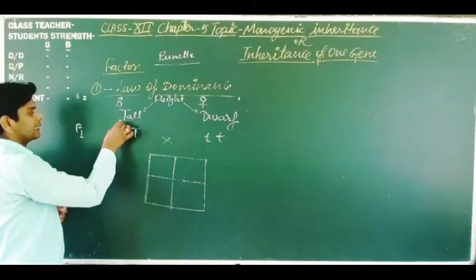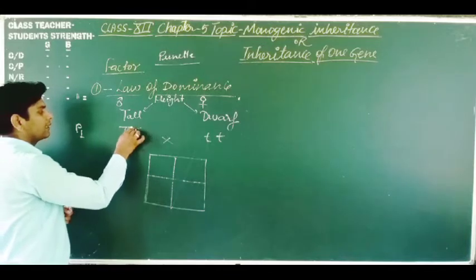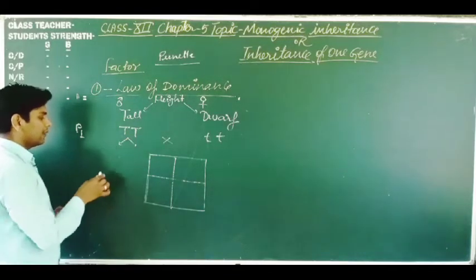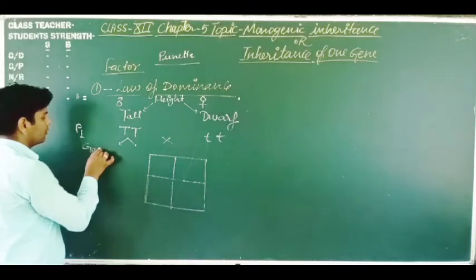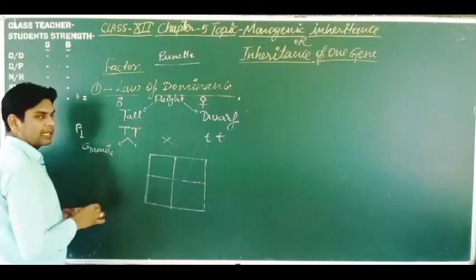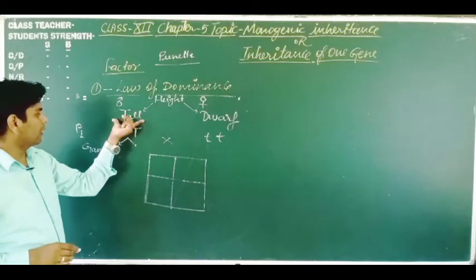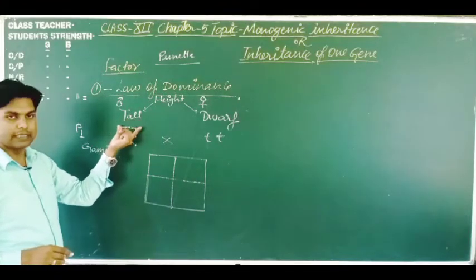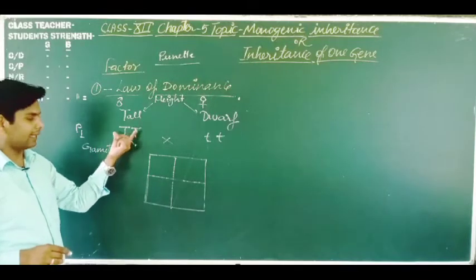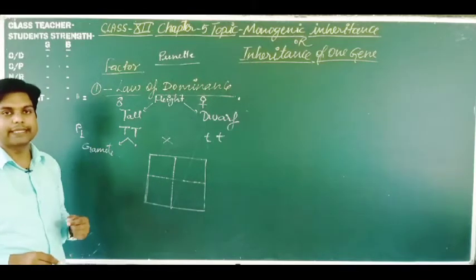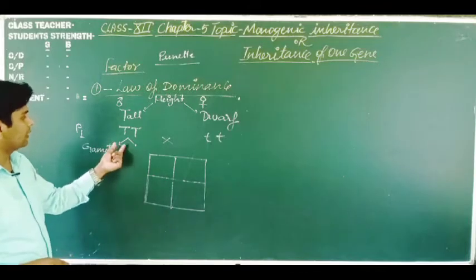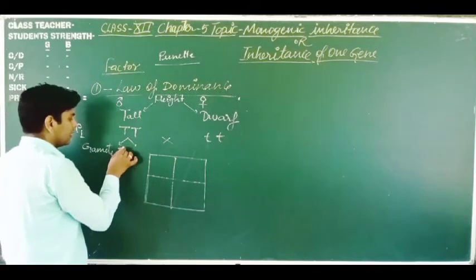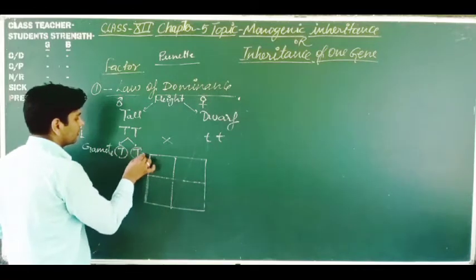So here, dear students, these are the allelic combinations of the tall plant when it forms gametes. At the time of gamete formation they will separate, because this is a diploid plant with two sets of genes. So there are two alleles in the tall plant. At the time of gametogenesis, meiosis occurs. In meiosis these two alleles separate and one allele reaches one gamete.